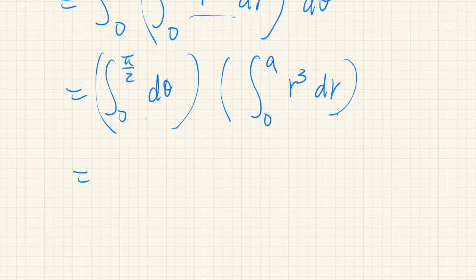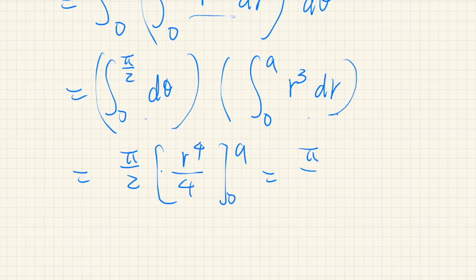So this part is just pi over 2, and this part is r to the power 4 over 4, from 0 to a, that's a to the power 4 over 4. So the result is pi a to the power 4 over 8. So that's it. Okay, that's all for this video. See you later.